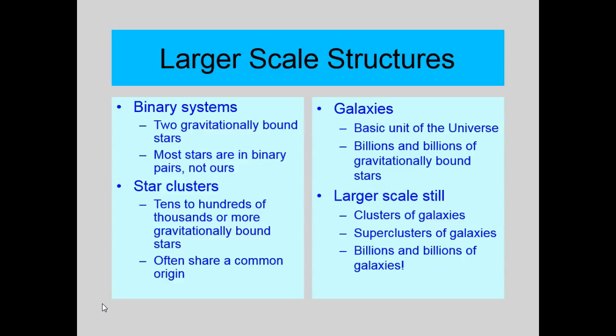Arecibo Observatory is a radio telescope, and then the Very Large Array, VLA, there are two different ones. One is Arecibo, Puerto Rico, that's where it gets its name, and the other is New Mexico, and these are radio telescopes as well. So if you start looking at different things, you can get different information.